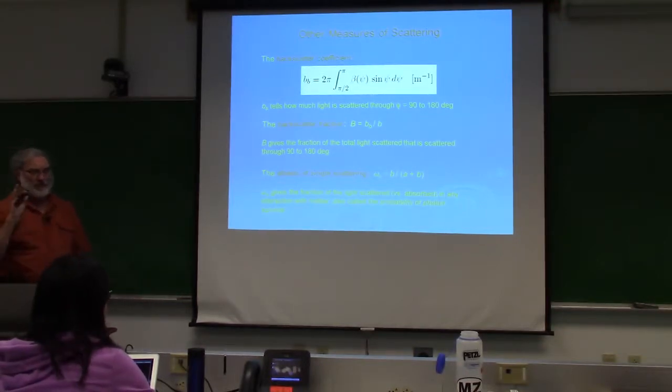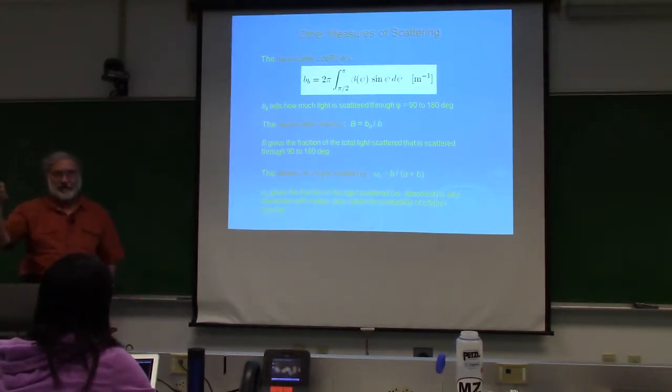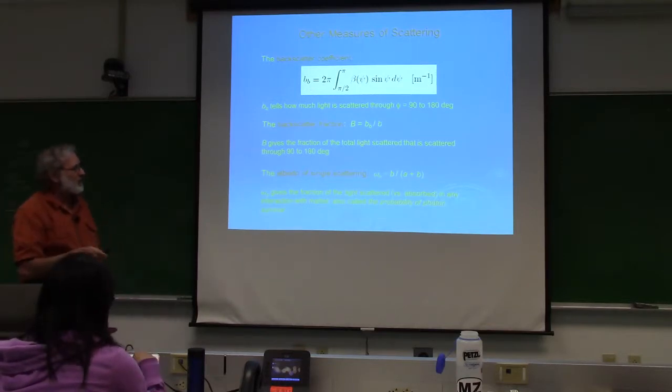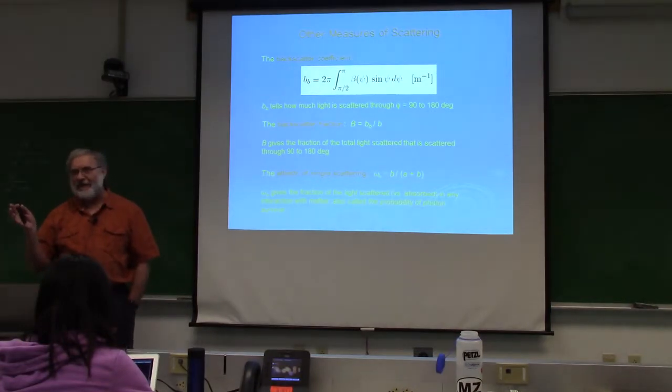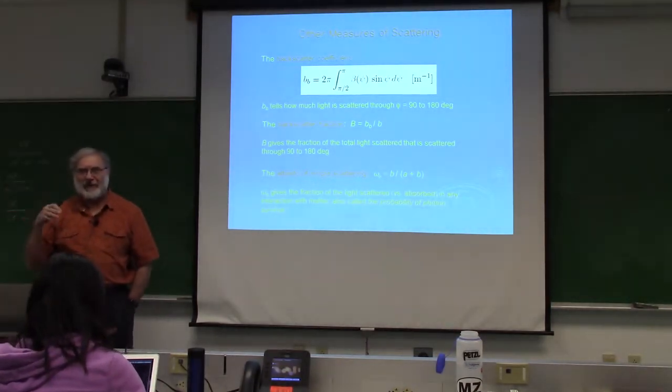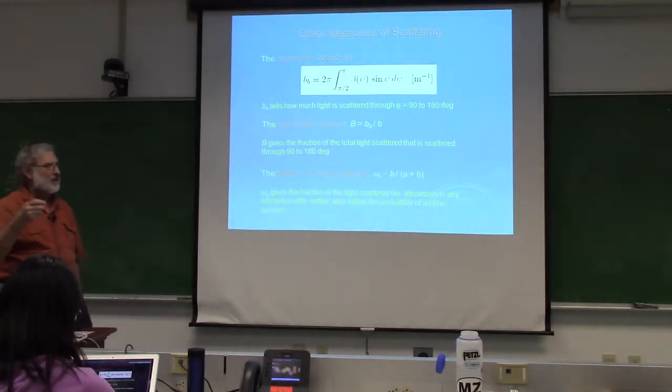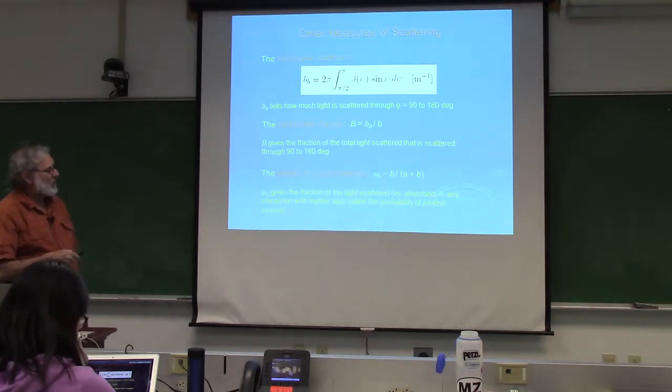So that's just the fraction of the total scatter that is backscattered. And typically that's somewhere between 0.5% and 5%. Just depends on your particles. Okay, so that's just a definition to keep in mind.